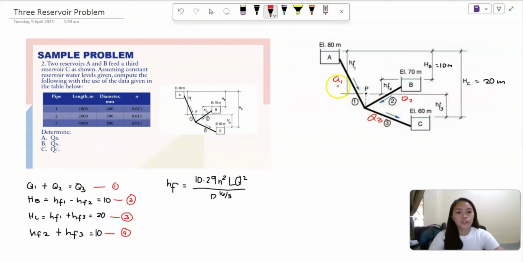From the illustration, Q sub 1 plus Q sub 2 is equivalent to Q sub 3. So this is our first equation.